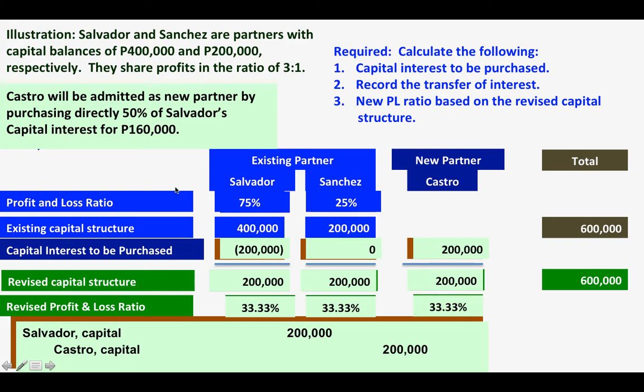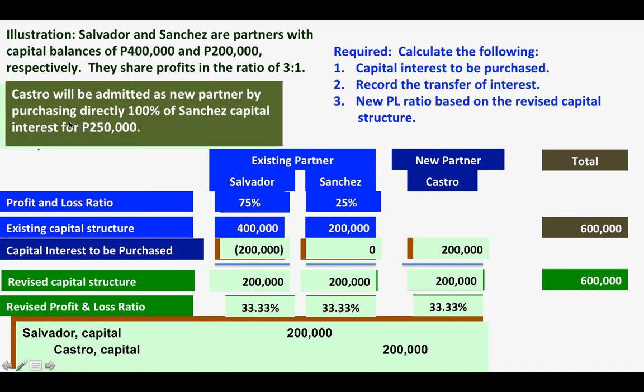Okay? Now, class, let us change this situation. Now, the condition will be Castro will be admitted as new partner by purchasing directly 100% of Sanchez's capital interest for 250,000. So we will retain the given, and here we will change the capital interest to be purchased.